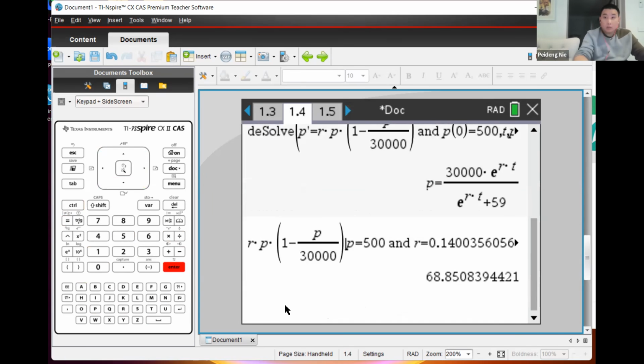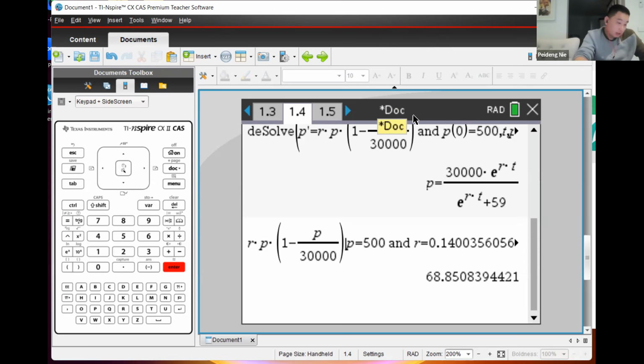So the rate of change is just 68.85, which is 68.9, I suppose, correct to 1 decimal place. And the unit is butterflies per month. Not per month, bear with me, per year, because the time is in years, okay?